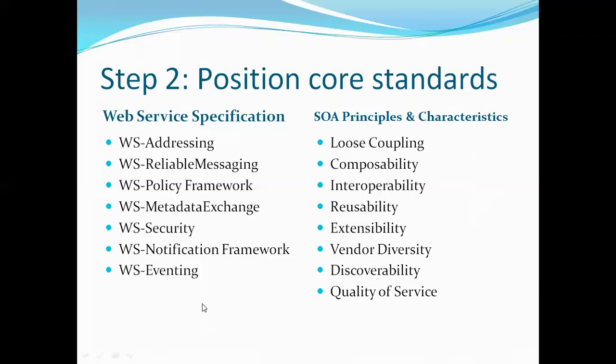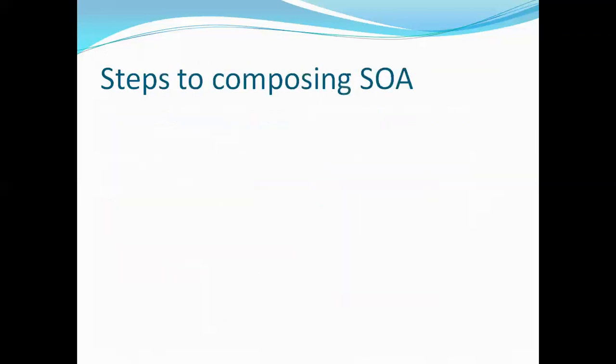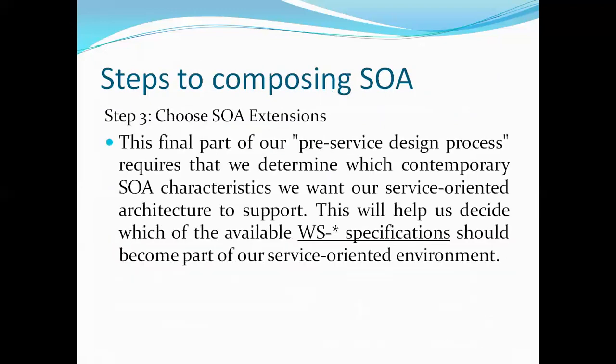So out of these different service specifications that we identified in step number 2, position core standard, choosing the web service extensions is part of the third step. The third step is used for choosing the SOA extensions. Out of the different SOA extensions we have seen, we identify a few service extensions based on each and every candidate service requirement.